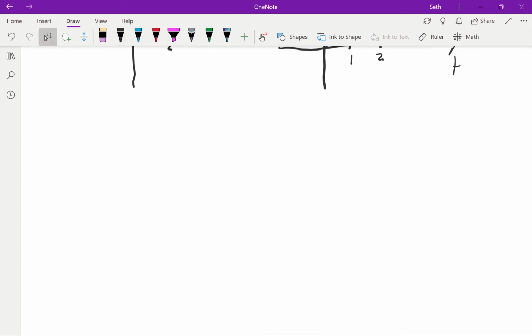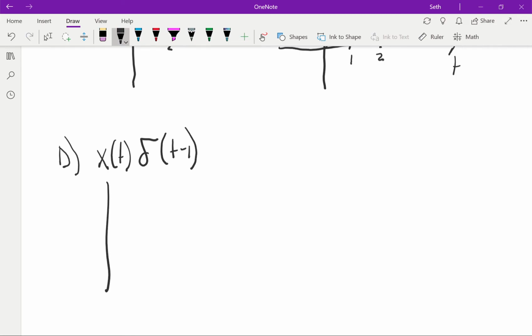Okay. D, final one for this problem, asks us to find x of t times delta of t minus 1. Okay, so as always we have x of t.